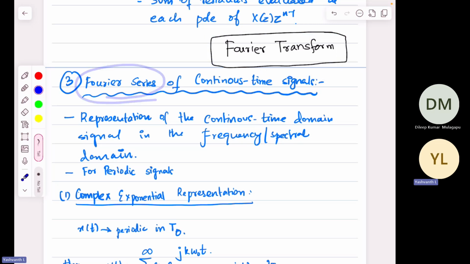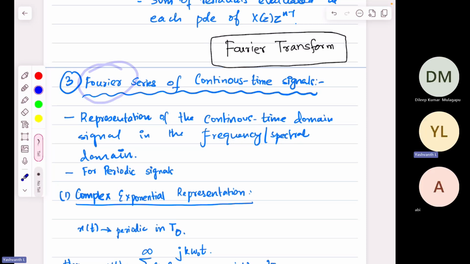The only difference is that instead of the word transform, we look at series. Fourier was a great scientist and mathematician, and he basically gave the notion of Fourier transforms and Fourier series.